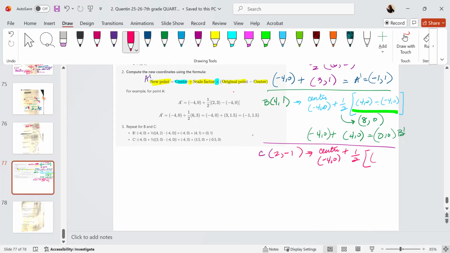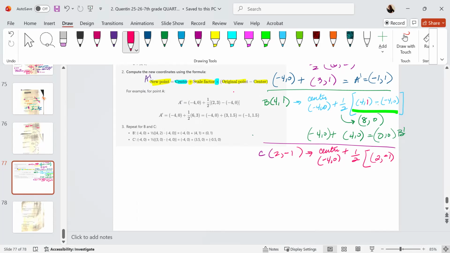Then the center, then half, original point. What is your original point? 4 and 1. C is not 4 and 1. We actually messed up over here on this one. I put a 0 here. It's a 1. So I actually made a mistake here.